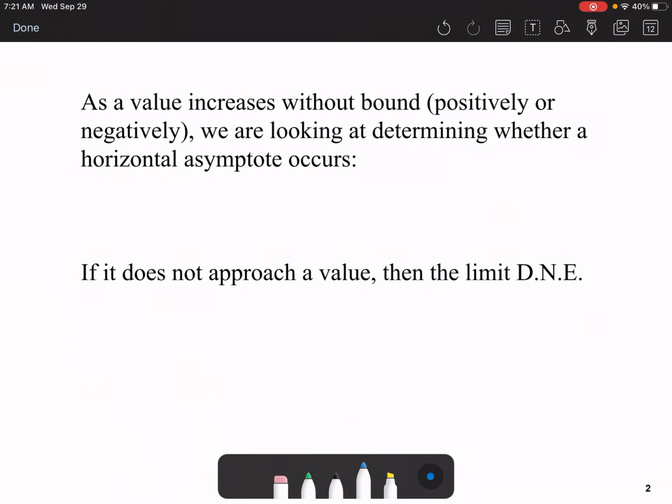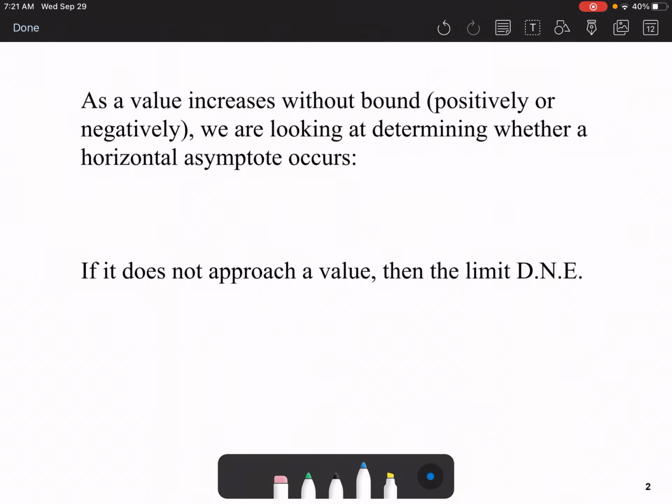So, as the value increases without bound, positively or negatively, we are looking at determining whether a horizontal asymptote occurs. And that is what we call our horizontal asymptote, and we're actually looking for the limit as x approaches infinity for your function f of x, to see if it actually equals a value L. If it does, then you've got a horizontal asymptote on the right-hand side.